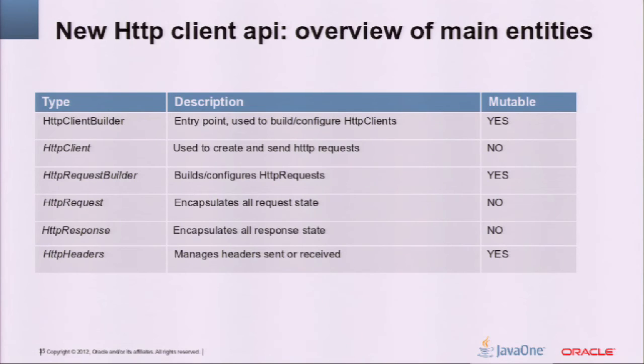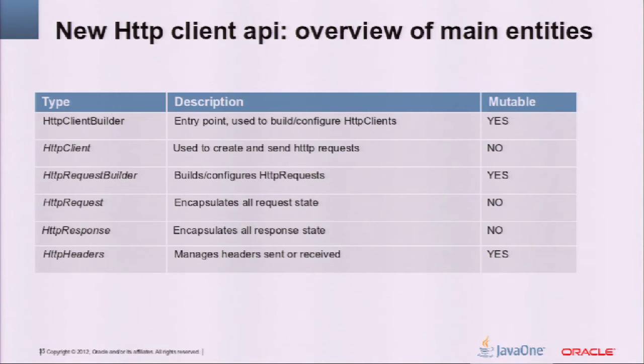So let's just take a quick look at the main objects again. The HttpClientBuilder, that's the starting point for the API. This is where you build client instances. The client instance is used to send HTTP requests and get responses back. The request builder builds and configures request objects.